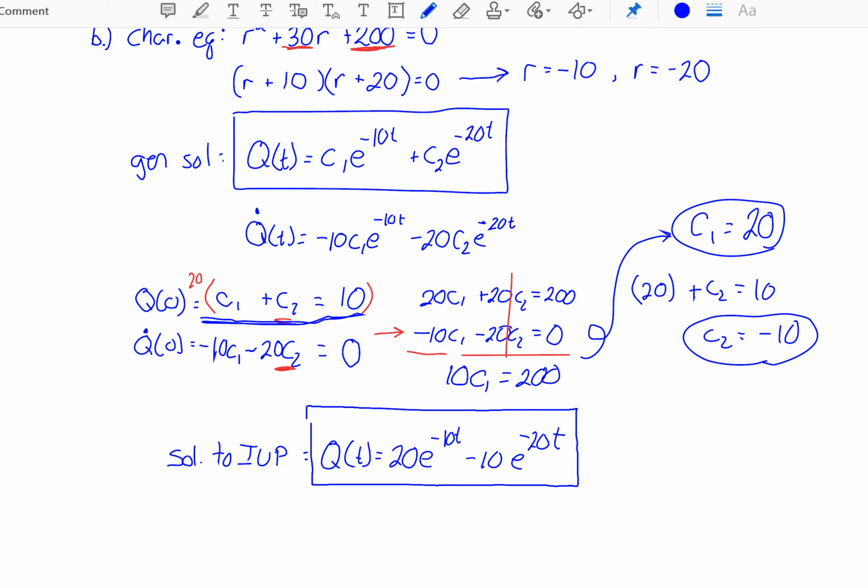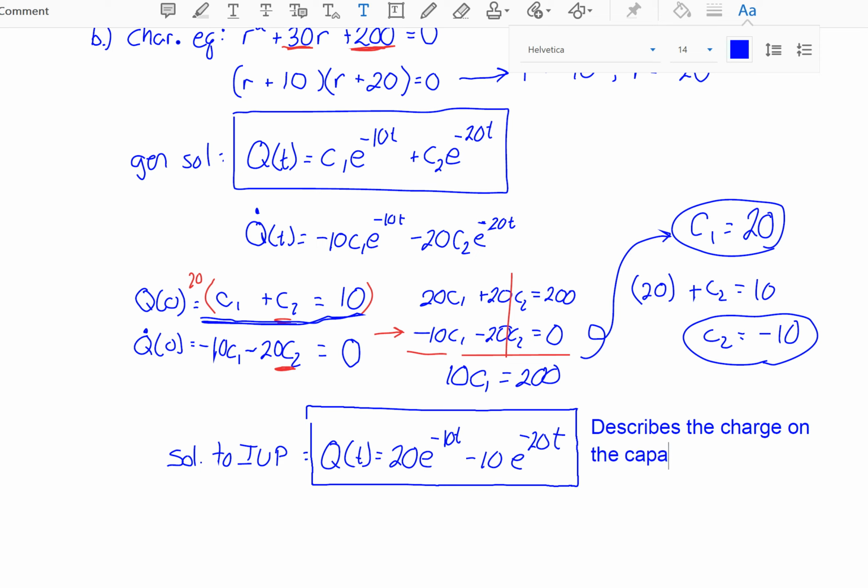Again, you want to observe that this function describes the charge on the capacitor in our circuit. And notice with both of these exponential terms having a negative exponent, we can say that this charge does dissipate over time.